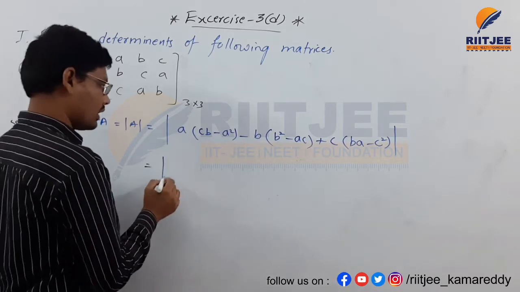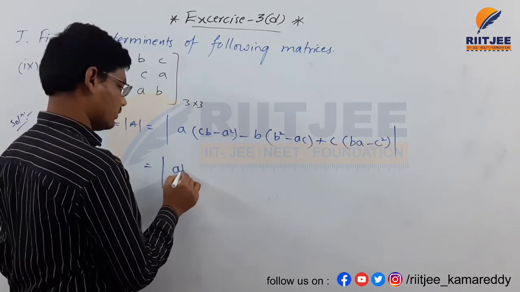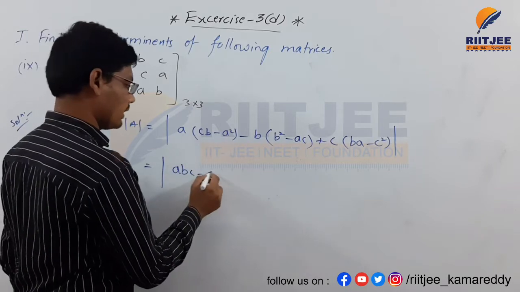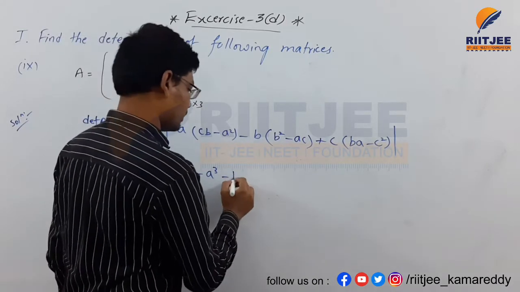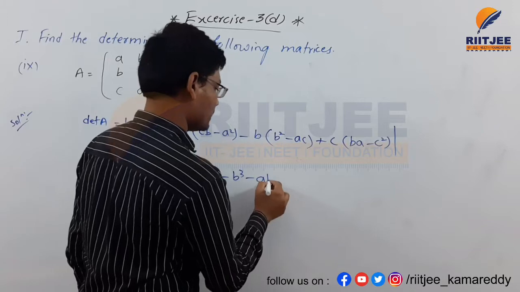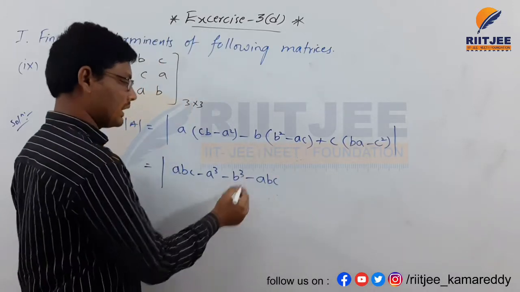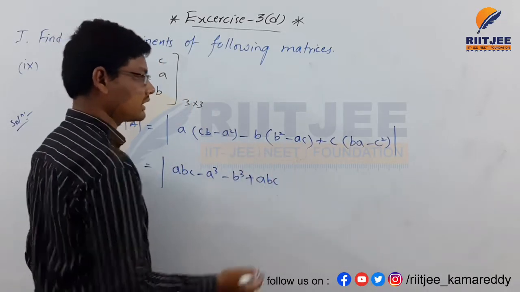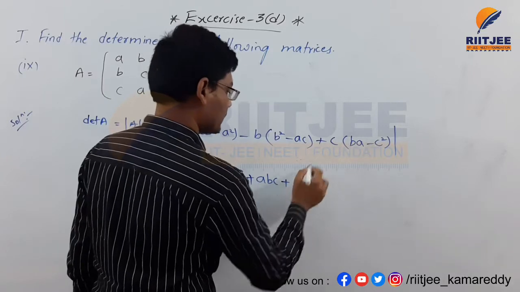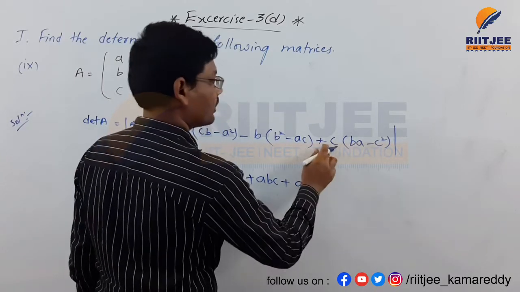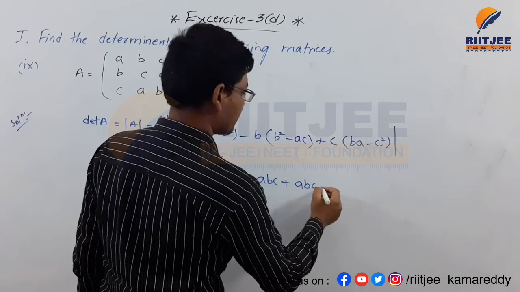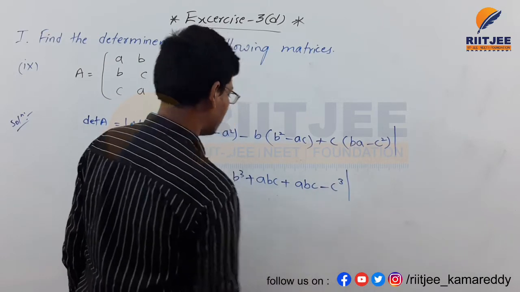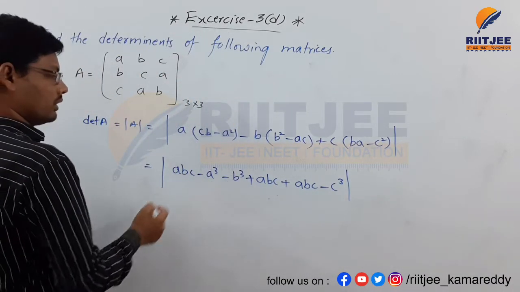And mod of A, if you multiply, ABC minus A cube minus B cube minus ABC, minus into minus becomes plus ABC here, plus ABC again, and minus C cube here.